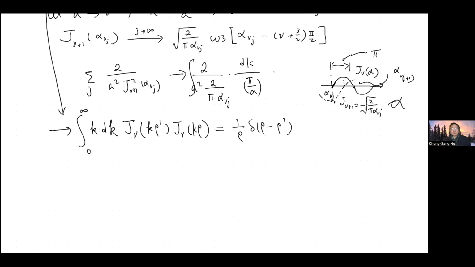Okay, and now you see that from this form of the integration, you know that because the argument of the Bessel function is always k times rho, or k times rho pi, and just by the form and the symmetry of the form, you can say that if instead of integrating over k, we integrate over rho d rho, and j nu k rho, j nu k pi rho, that would be equal to, by symmetry, basically you're calling rho as k, so this becomes 1 over k delta k minus k pi.